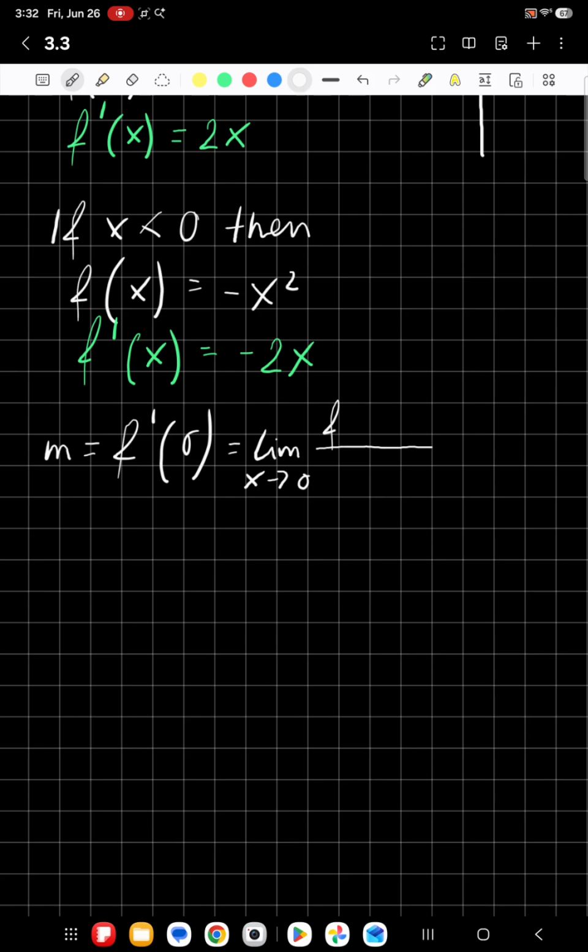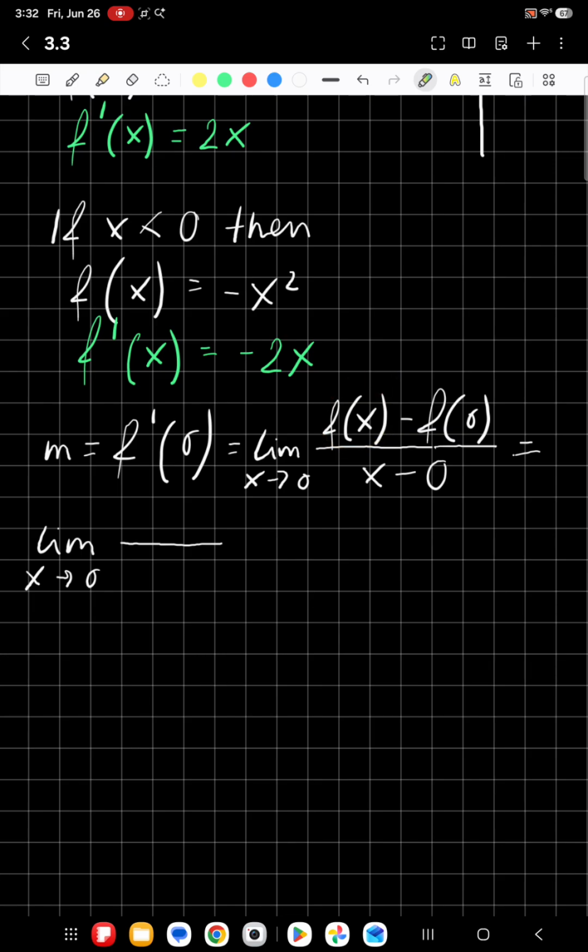Then we have f of x minus f of c, so f of 0, divided by x minus c, or x minus 0. Okay, let's see what we get. So I have a limit as x approaches 0.